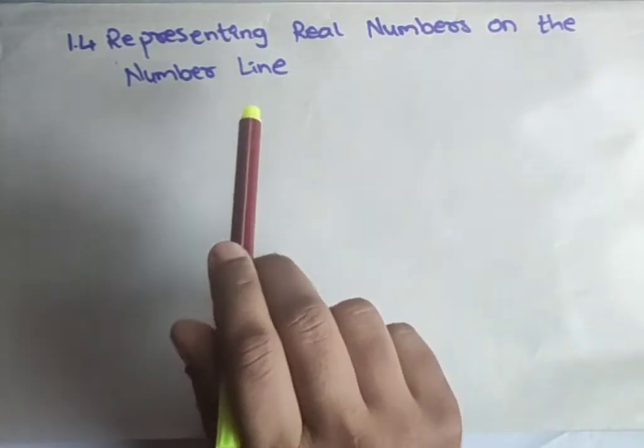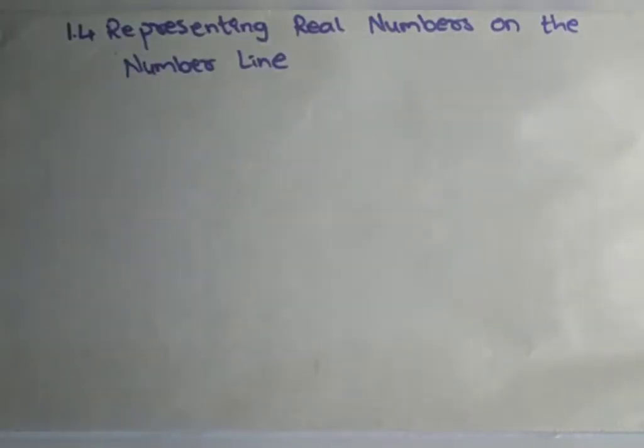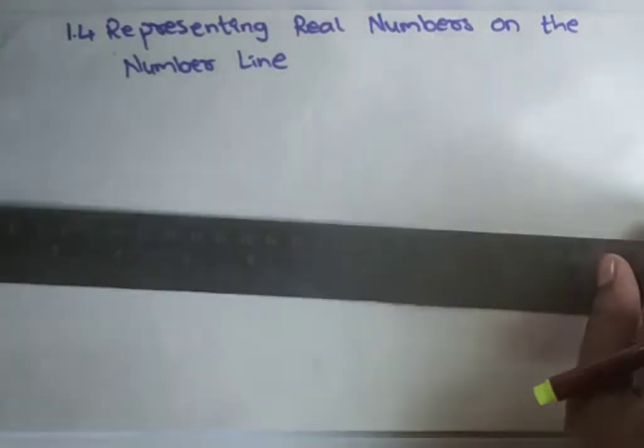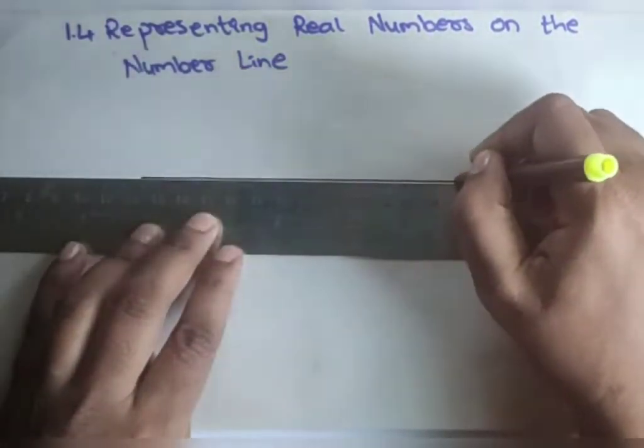In earlier classes, what have you learned? In 7th you have learnt integers on the number line. Now in 7th class you have learnt how to represent integers on the number line. So how will you represent integers on the number line? See, very easy, no?